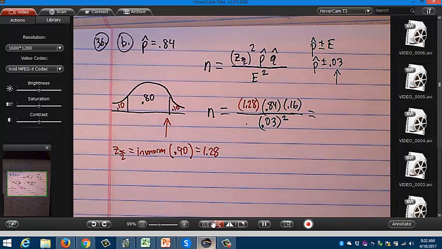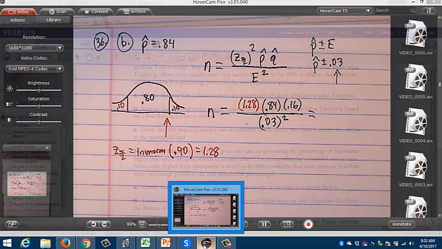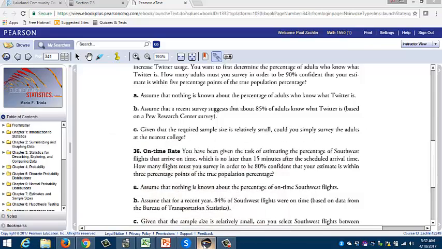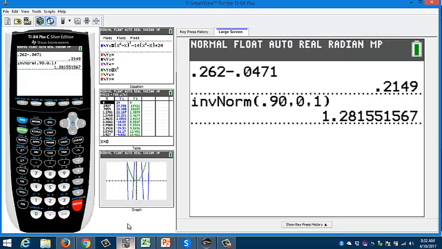Let's see what we have. If I go to the formula here, it was 1.28. Oh, but that should be squared, right? Because Z alpha over 2 is supposed to be squared. So I'll hit the x squared key.